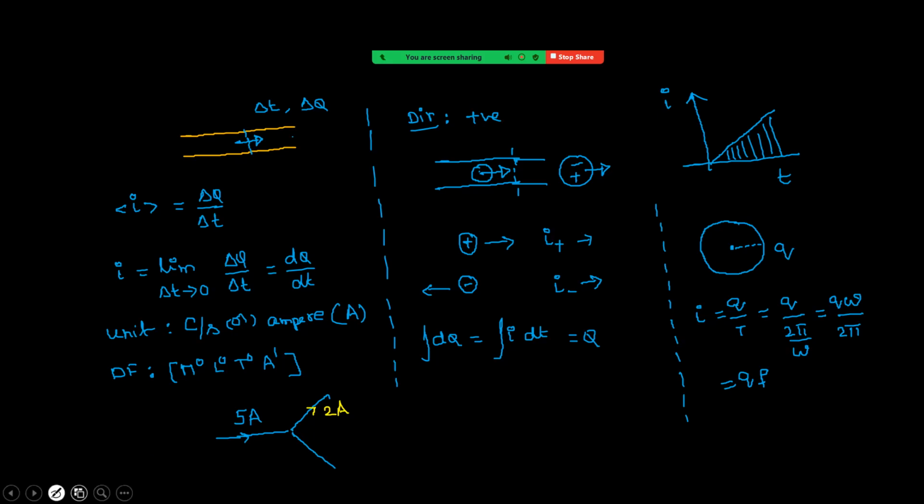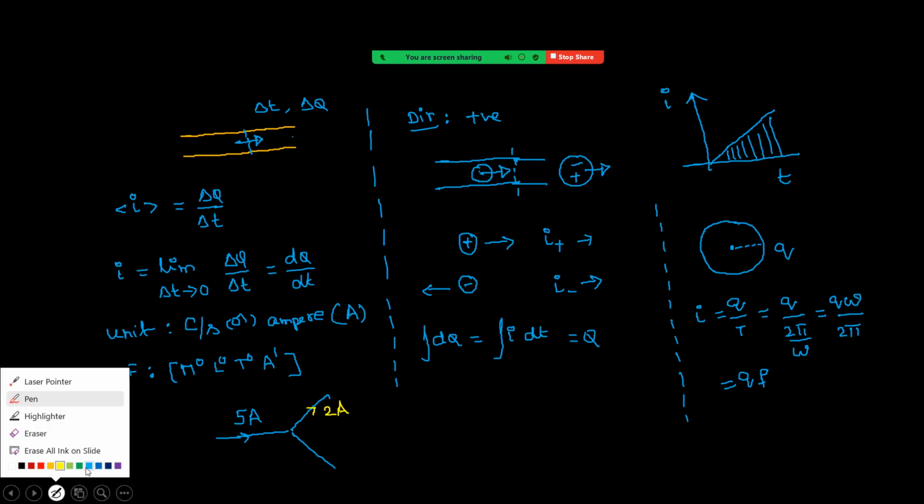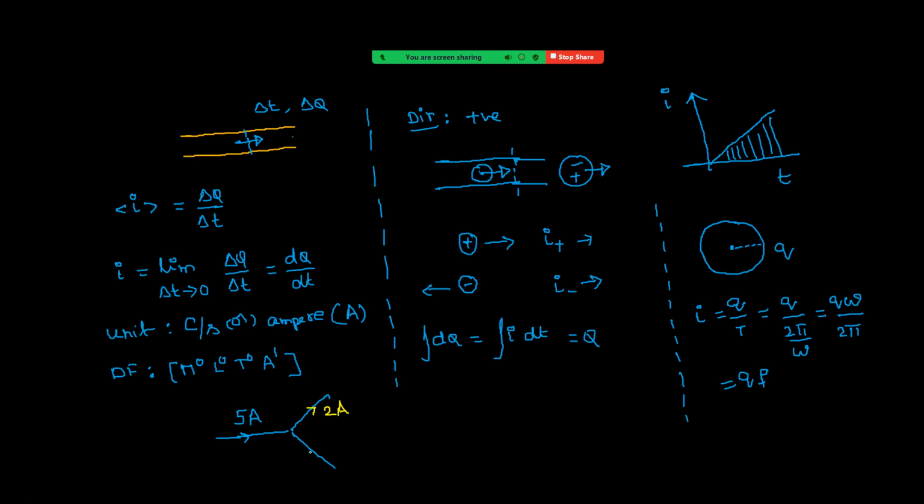Now what is the current in the other wire? So you can see this is a 5 and this is 2. So remaining is now 3 ampere. And this value is not depending on the angle between these two wires. That means whatever may be the angle between these two wires, this current is always fixed.